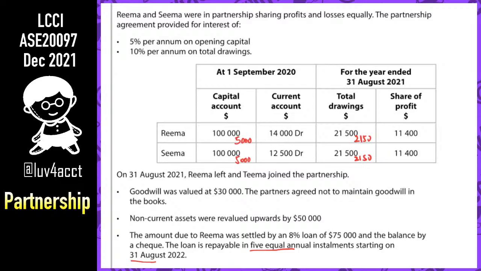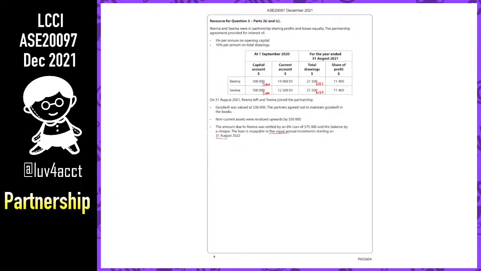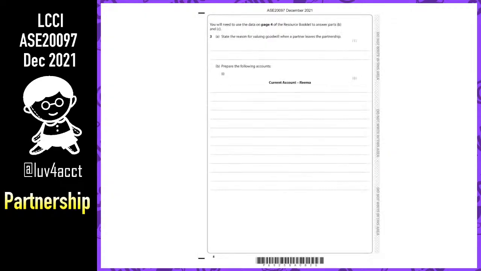Share of profit is given to you directly. We will deal with the goodwill, 30,000, and non-current asset, 50,000. We'll deal with answering the concept questions later together. Let us deal with the accounts first.